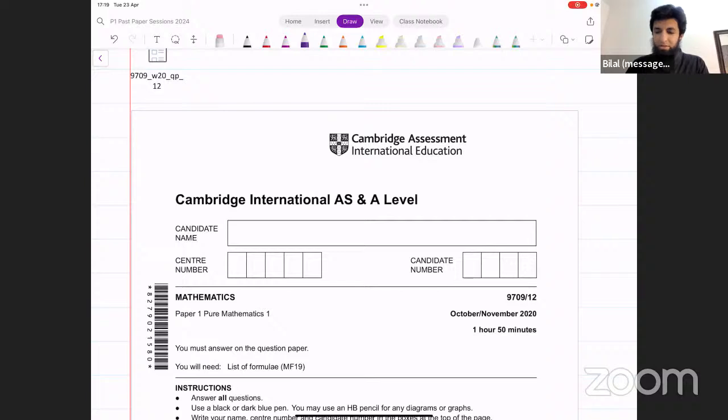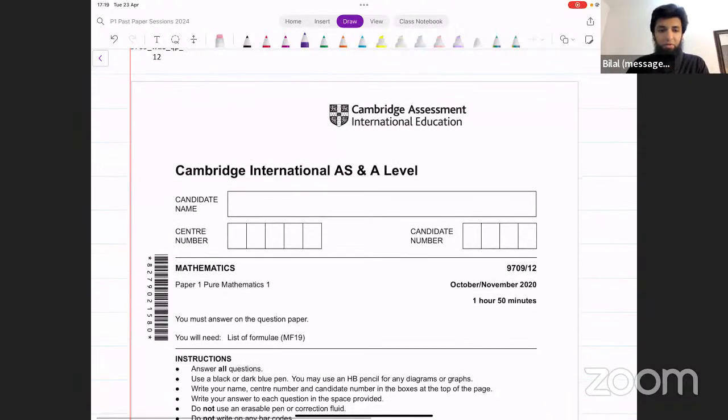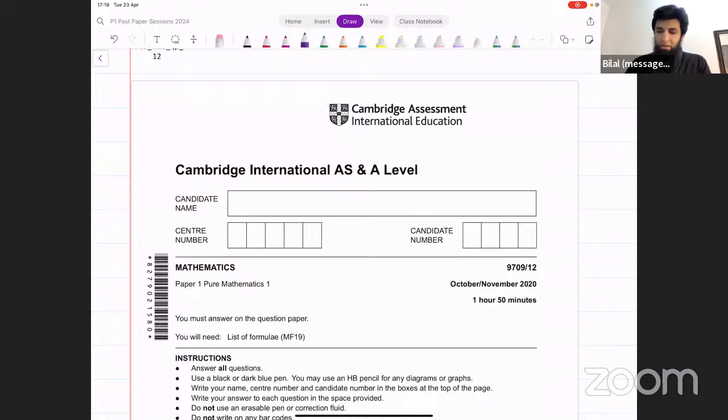I still don't see many people there who have responded to that. Can everyone please do that? Have a look at the paper, November 2020, paper 1-2, and let me know the questions that you find difficult.